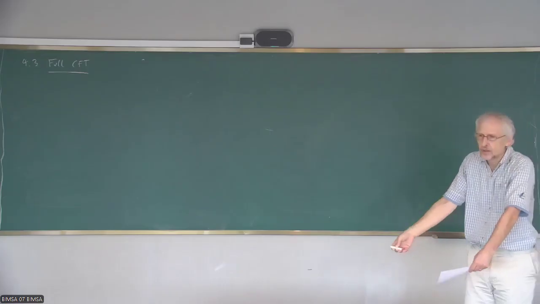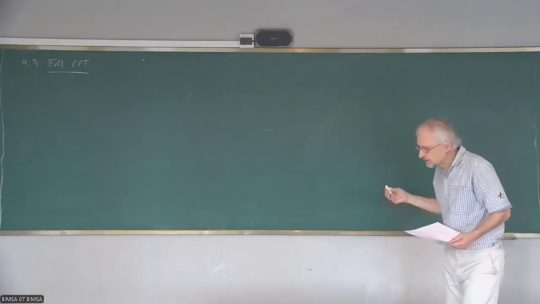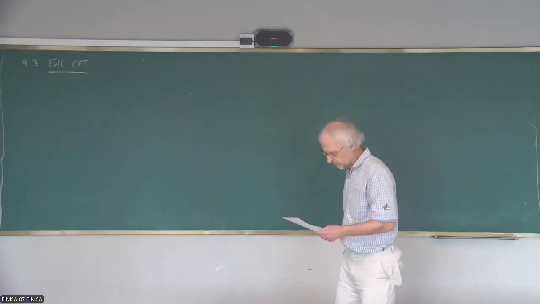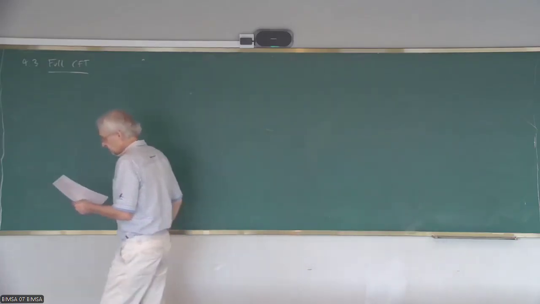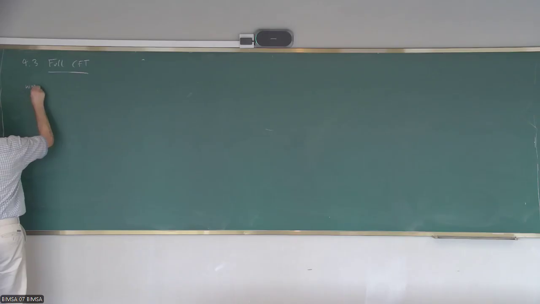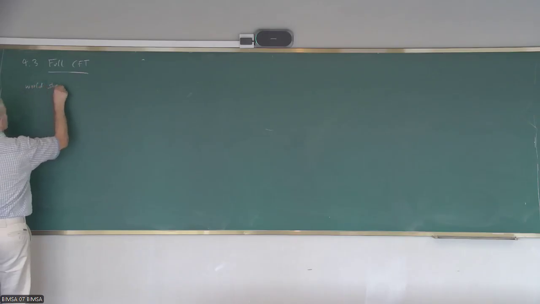And as I said before, when I think about full CFT, there will be some underlying chiral theory. In this case, I also said that I have this two-dimensional manifold, which we call a worldsheet.